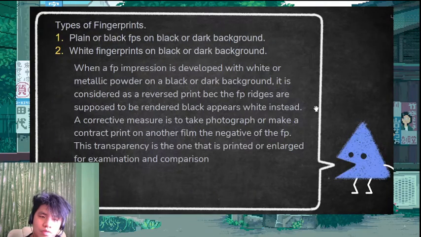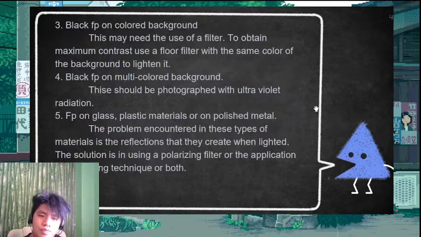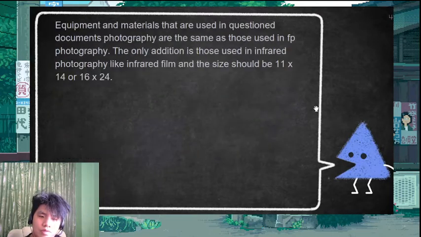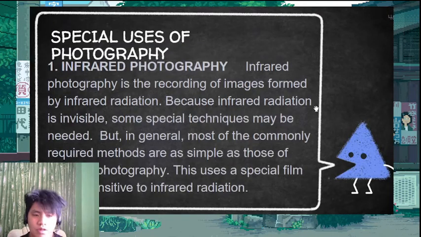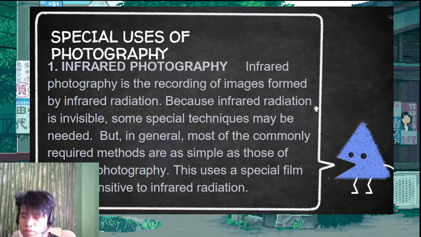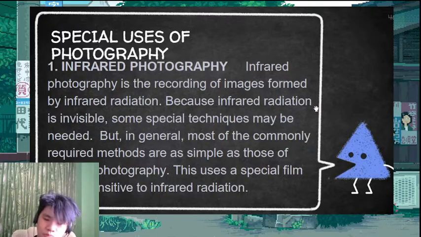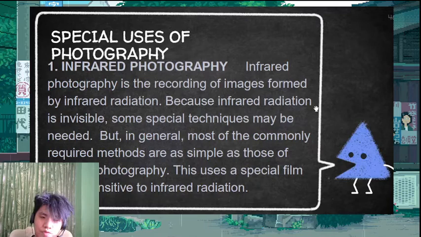Ayun. So, punta tayo sa special uses of photography. Usually, maraming mga complications din or techniques in the use of type of camera, type of filter in the execution of police photography.